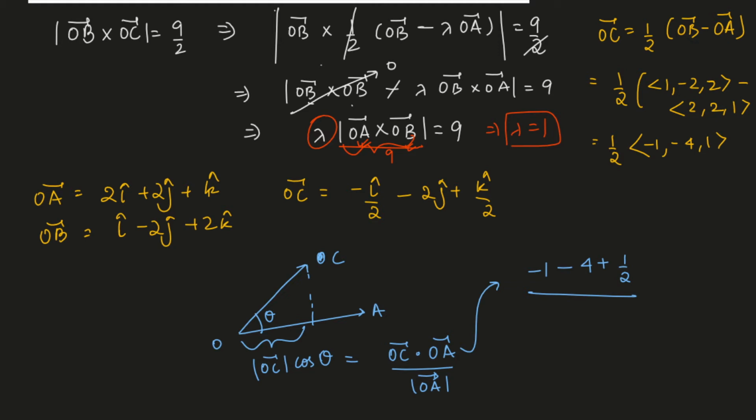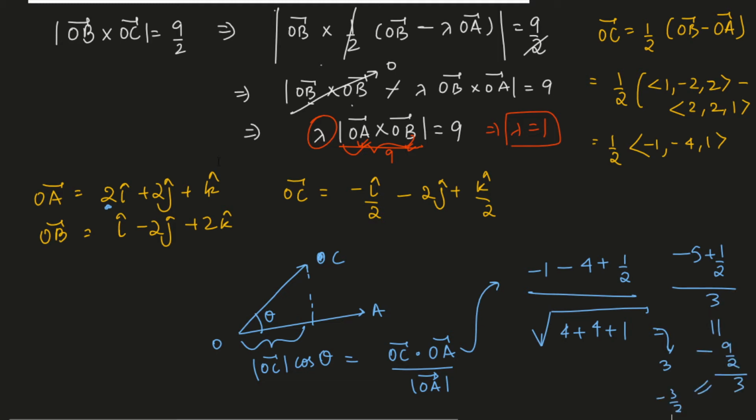The magnitude of OA is equal to the square root of 2 squared, that is 4, plus 4 plus 1, and that's just equal to 3. Here you get -5 plus half divided by 3, or -9/2 over 3, or -3/2.